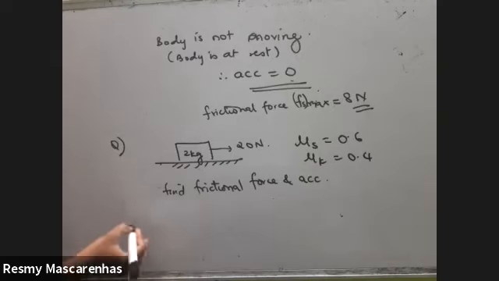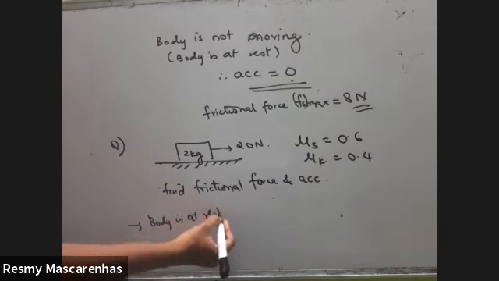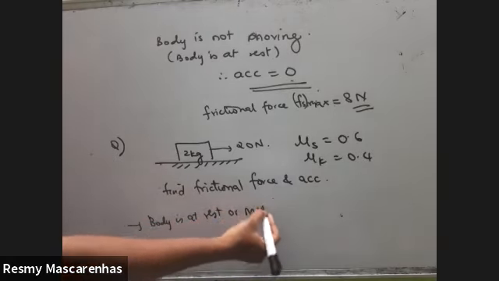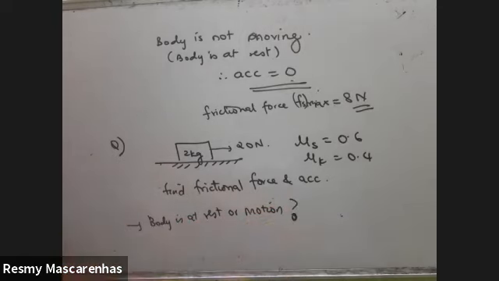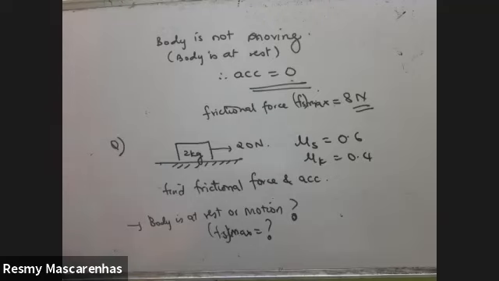Okay, so we don't know. We want to know whether the body is at rest or in motion. So for that, calculate Fs max. For that, what do you have to know?